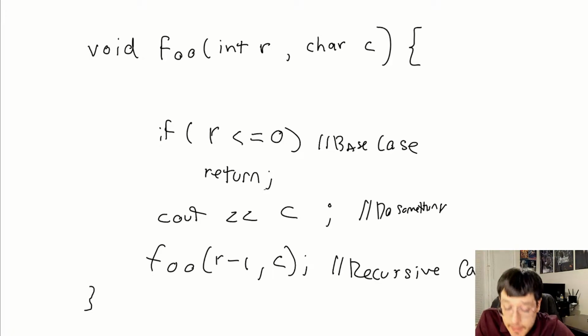Check. So now it's going to run the same until it gets to the 0. But when it gets to the 0, it's going to do this check first, which means it'll return at that point instead of printing this out. And that'll get rid of that extra A being printed out, or whatever the character may be.